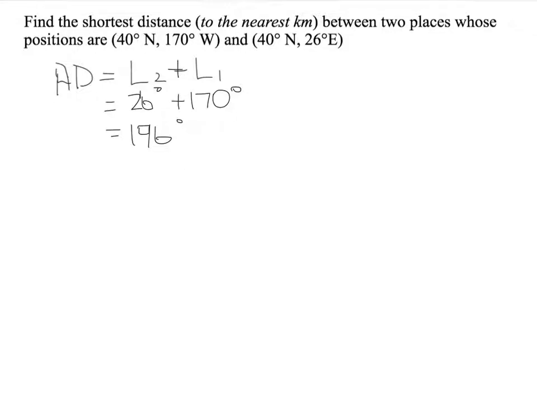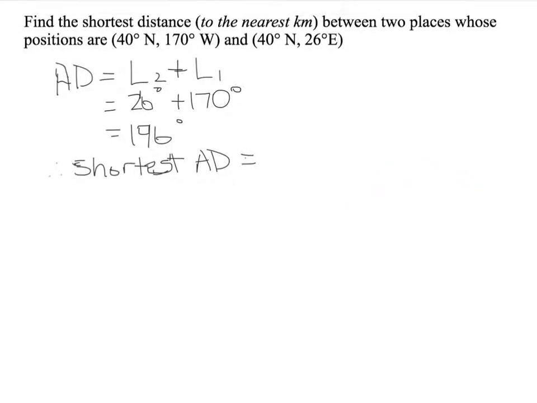Now here's the thing, the shortest angular distance is not going to equal 196. Here's why. If you've got a 360-degree circle, once you go 180 degrees, you're halfway.